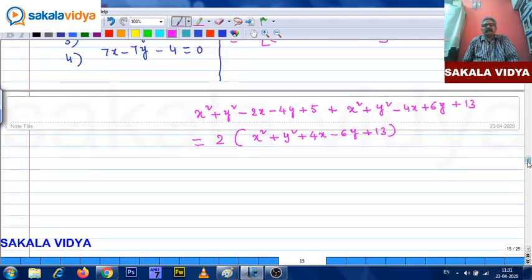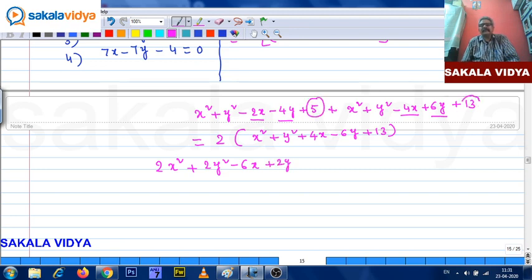So, now x square plus x square is 2x square, y square plus y square is 2y square, minus 2x minus 4x, minus 6x, minus 4y plus 6y, that is plus 2y, plus 5 plus 13, plus 18, equal to 2x square plus 2y square plus 8x minus 12y plus 26. Here 2x square gets cancelled, 2y square gets cancelled.